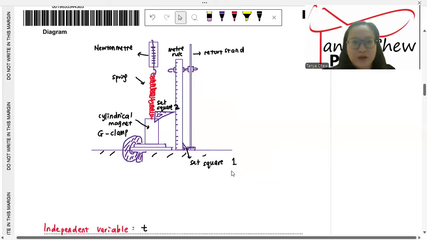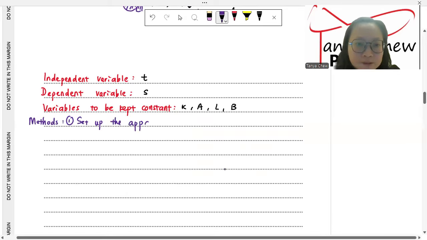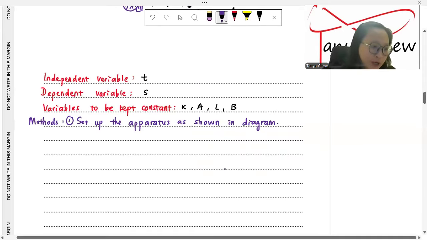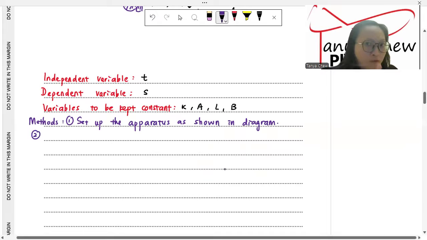So let us begin with our procedure here, the method. The first step is, of course, to set up the apparatus as shown in the diagram. That's the first part. And the second part, I measure the initial length of the spring first, before the spring is attached to the magnet.